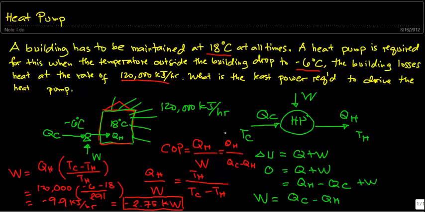Work is supplied there. QH is leaving. When we have this analysis, a positive Q means more entered than left. A positive value of Q means more entered your system than left. That's a positive Q. If a lot entered and little left, you are gaining heat, meaning your system has more energy.